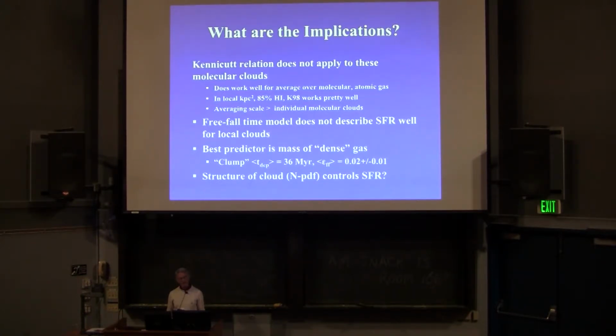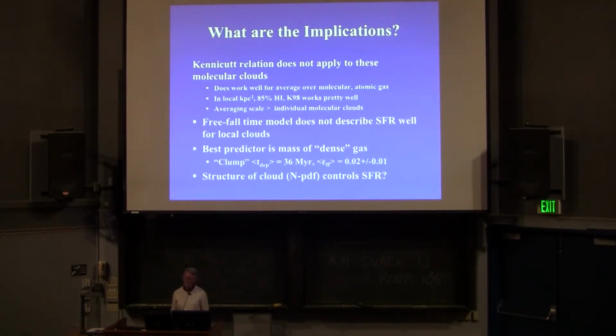So that relation emerges out of an averaging over many molecular clouds. You have to average over a bigger area, and there's been some nice work lately on just how big an area you have to average over before you get the Kennicutt-Schmidt relation. The free fall time model doesn't describe star formation very well for the local clouds.